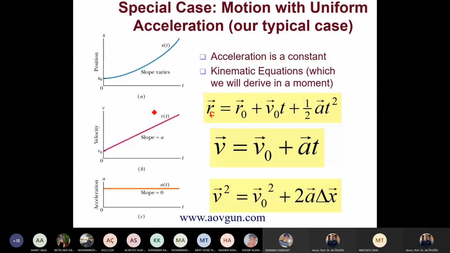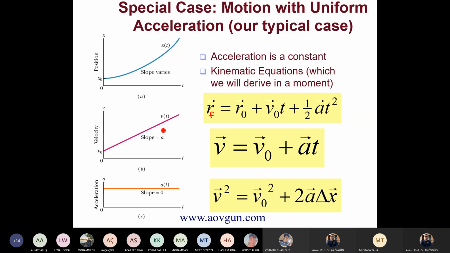R final is equal to, so your position vector is equal to R0, the initial position. In some books they also use R i hat, which means R initial. Sometimes they use R0. It is the same thing for the initial. So R0 is the initial position plus initial velocity times t plus 1 over 2 a, where a is the acceleration vector which is constant, times t squared.